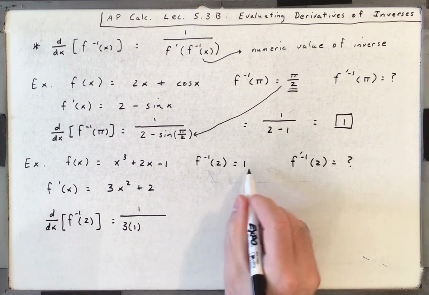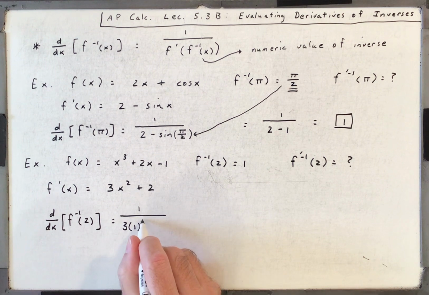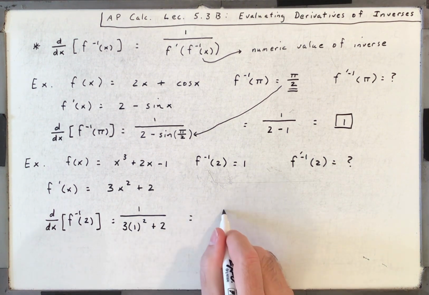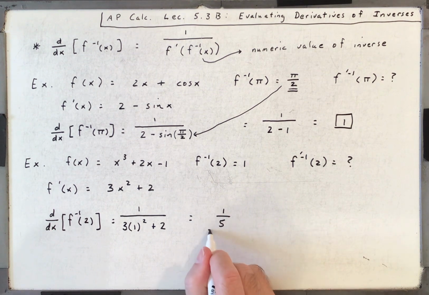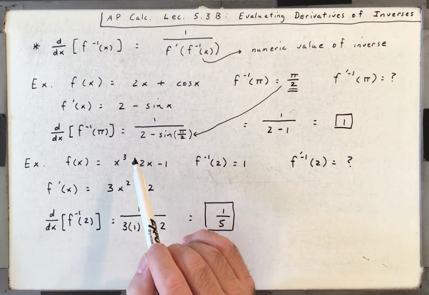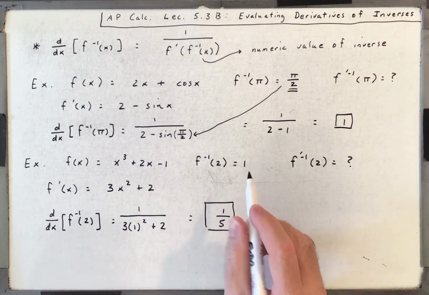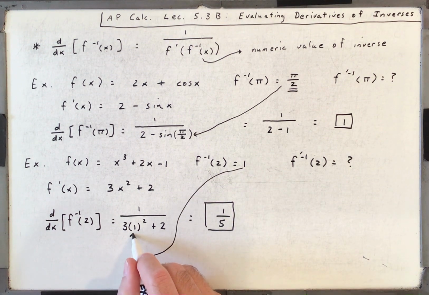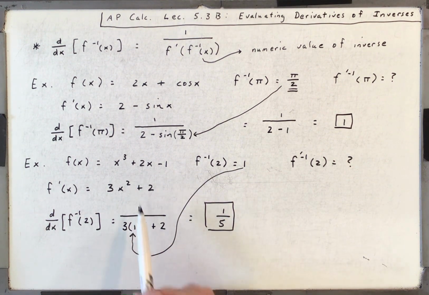Now don't plug in 2, you're plugging in the output value, 1 squared plus 2, and that's going to be 1/5. So that's all there is to it. It looks fancy, all right? The nomenclature is kind of fancy here, but the procedure's not. Just take the derivative and use the formula.